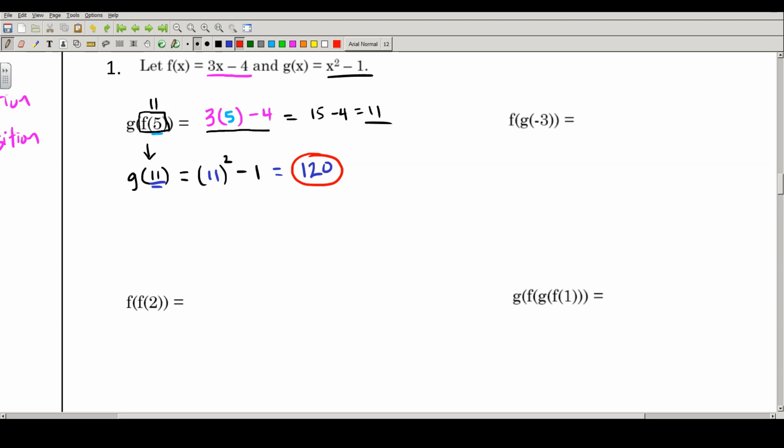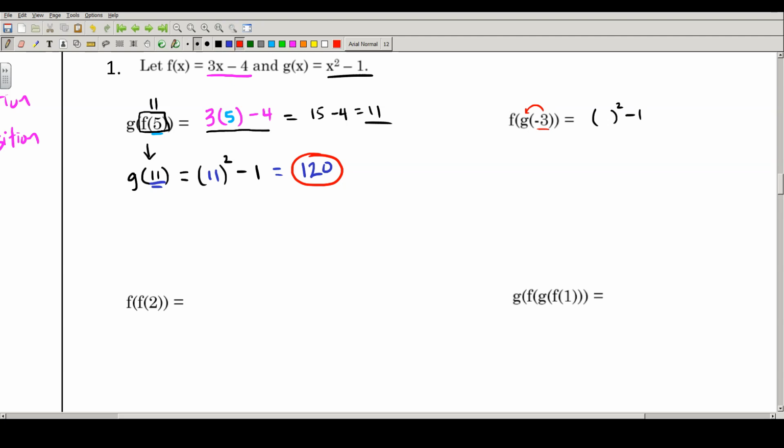Again, the way that we work this is we take it from the innermost parentheses and work our way out. In this case, we're starting with an input of negative 3. So we're going to plug negative 3 into g. We're going to figure out what g of negative 3 is. g of x is x squared minus 1.